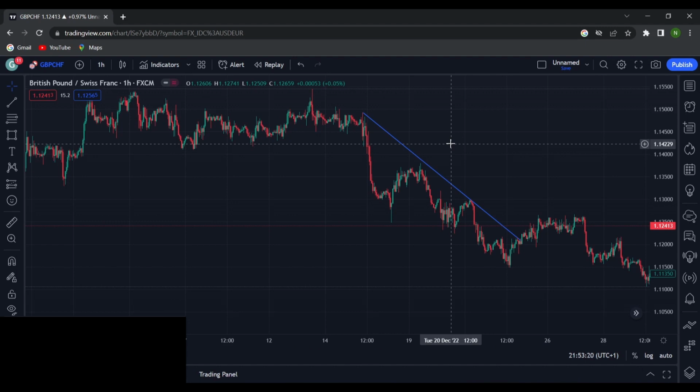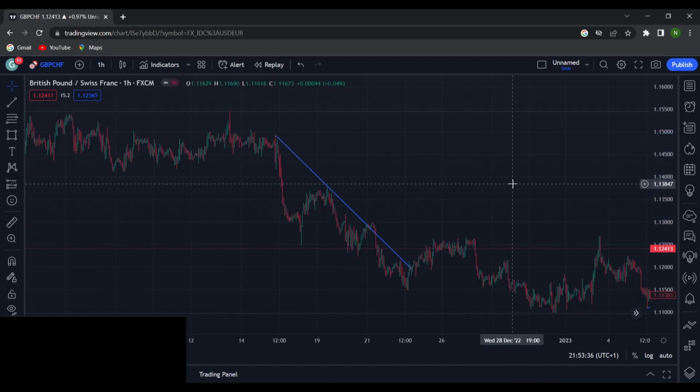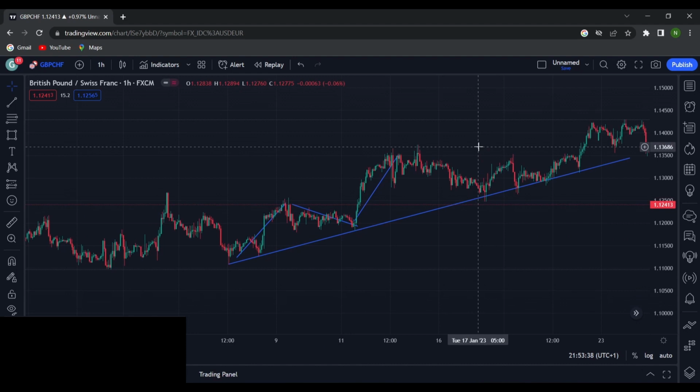So what I will suggest doing is try to include as many points as possible. You can maybe do something like this in this case, but you can see it's not perfect, and I wouldn't consider this a valid trend line in my honest opinion.